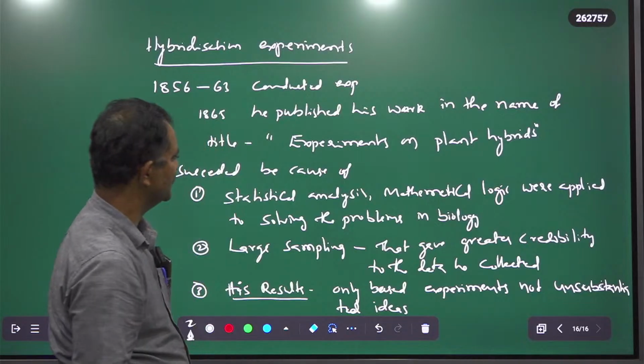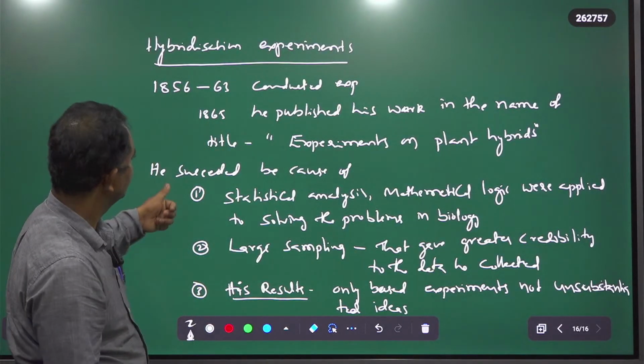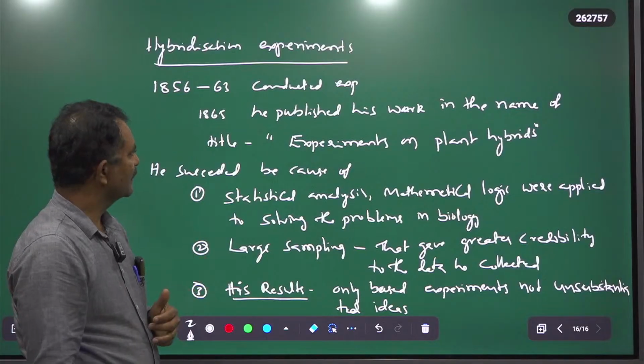So these are the three major points that gave greater credibility to Mendel.